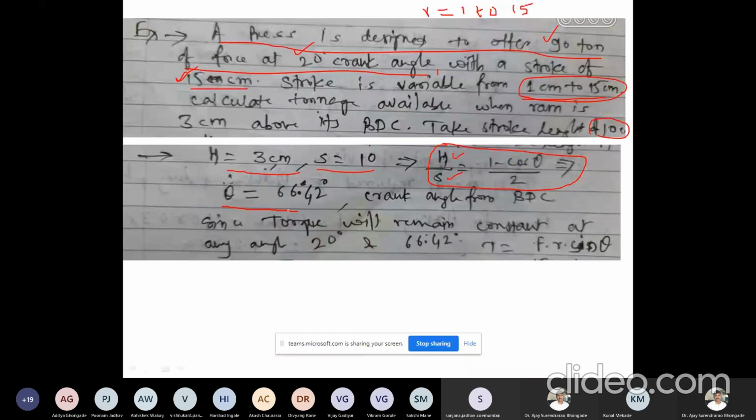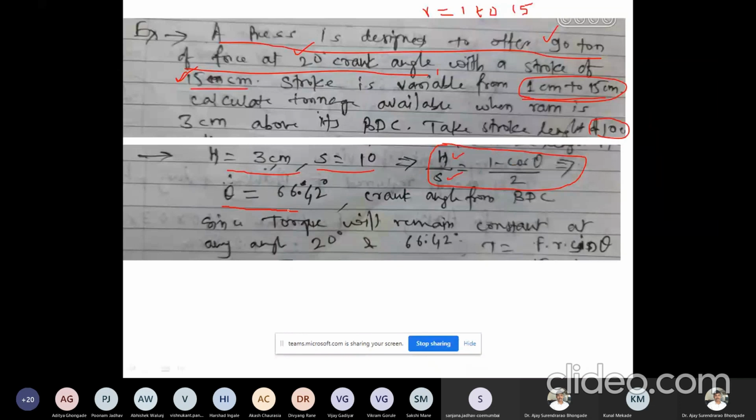So crank angle from BDC, that is theta. Since torque will remain constant at any angle, whether it is 20 degree or 66.42, which we have now calculated, this torque will remain constant. So if the torque is F R sin theta, for any position we can get F1, R1 and cos theta 1.